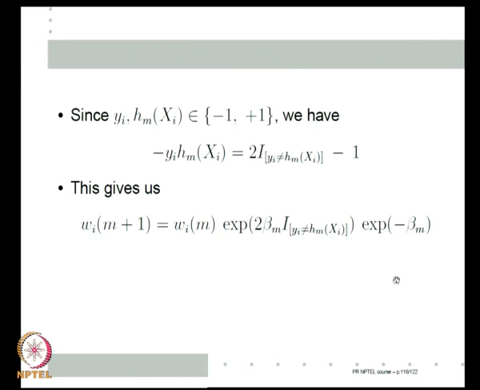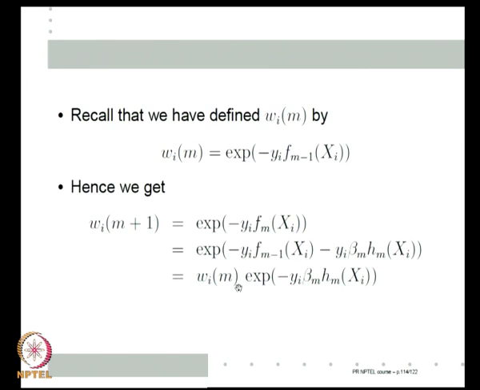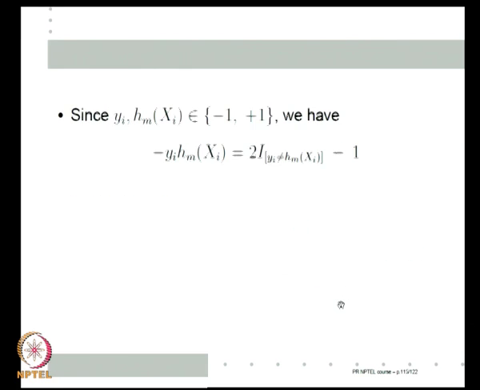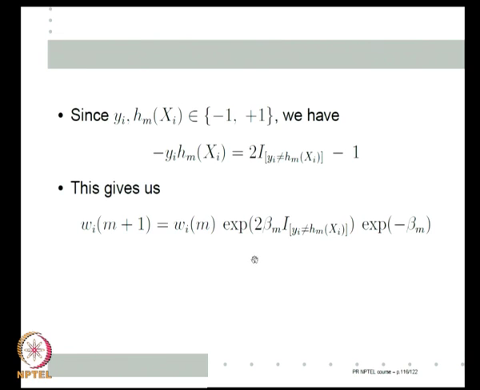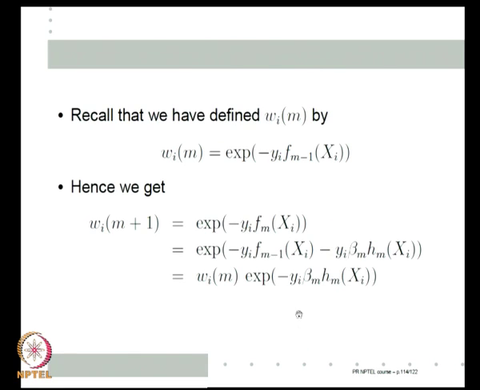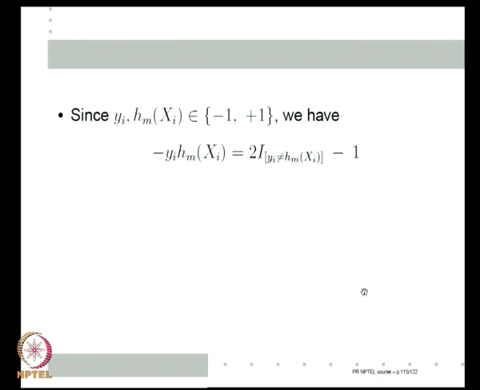So, that gives me w_i^(m+1) is w_i^m into exponential, what do I have? yi hm xi is 2 into indicator minus 1. So, 2 beta m indicator yi not equal to hm xi, and beta m is already there, right, yi hm xi into beta m, that is where the beta m comes from.